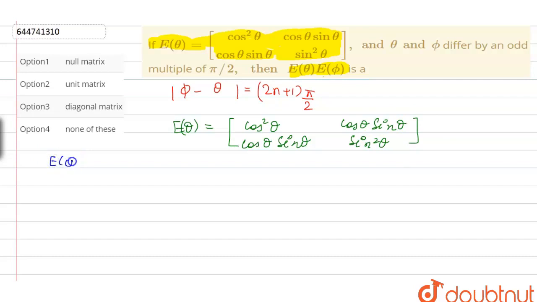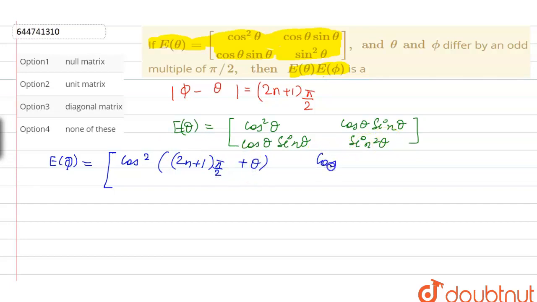We know the relation between phi and theta, so we can write phi as theta plus (2n plus 1) into pi by 2. So the entry cos square theta gets replaced by cos square of ((2n plus 1) into pi by 2 plus theta).